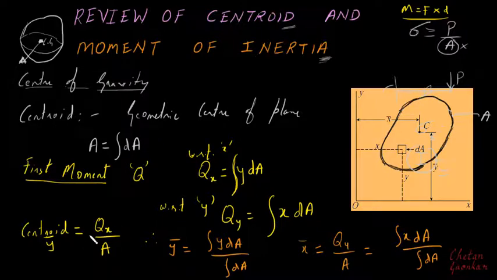Centroid can be defined as the first moment divided by the area. With respect to the axes x and y, there will be two centroidal distances, x bar and y bar. X bar is with respect to the y-axis, y bar is with respect to the x-axis.